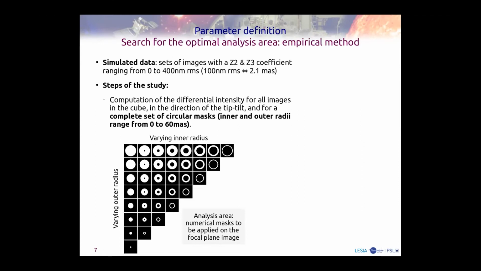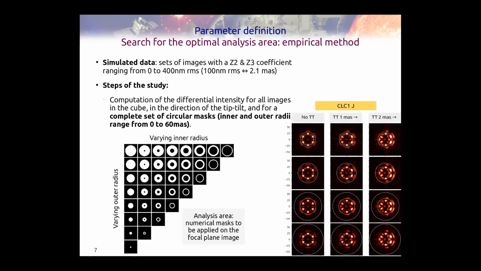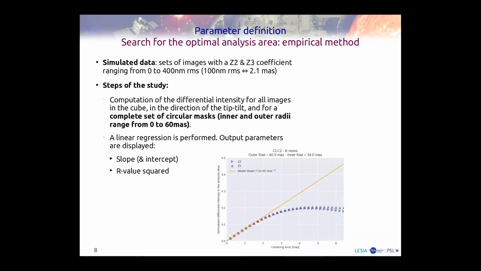And for each case, I just looked at the differential intensity behavior. So this is a graph of the differential intensity as a function of the centering error in one particular case for one particular annulus.